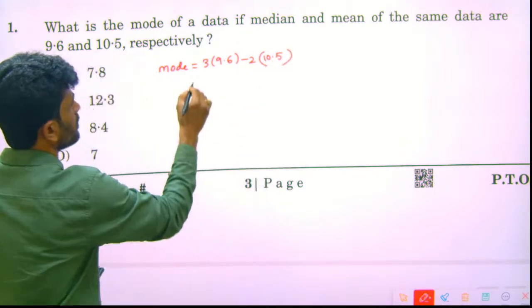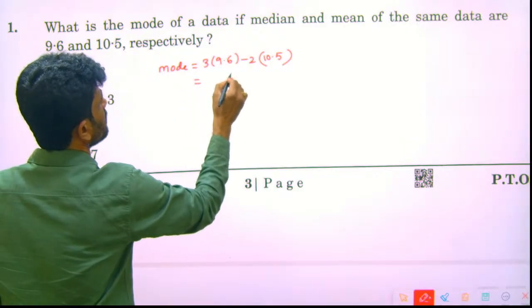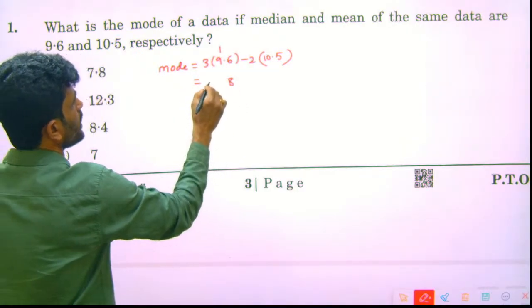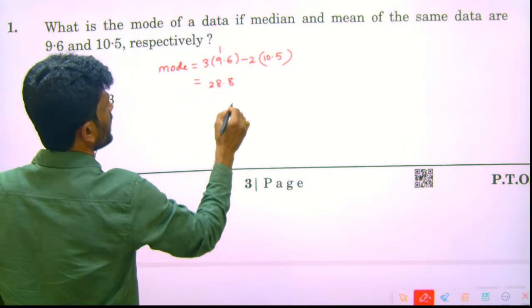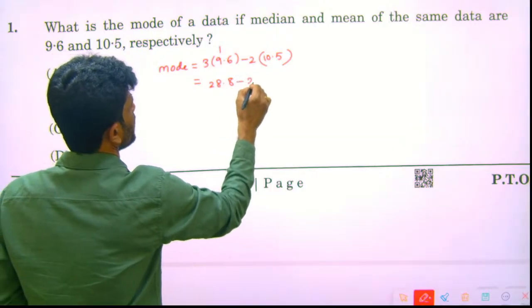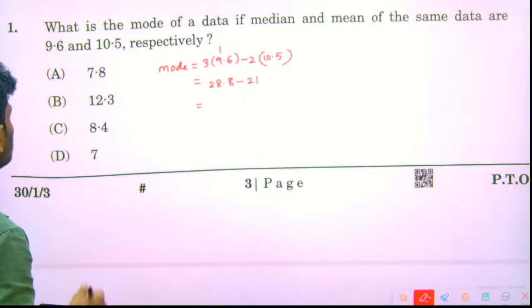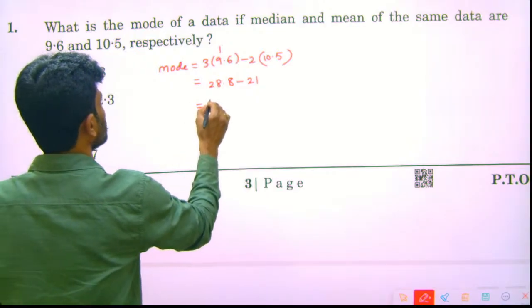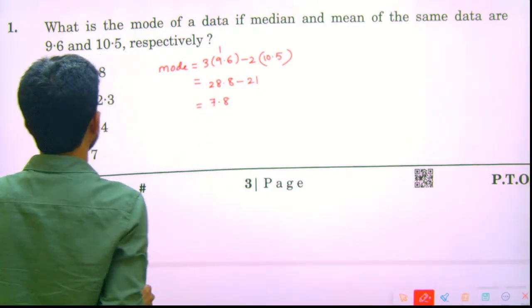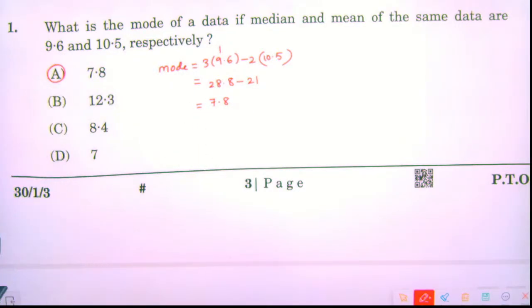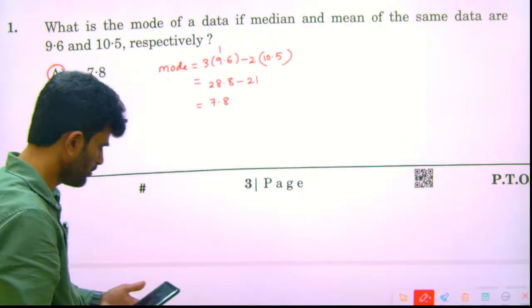So 3 6s are 18, 3 9s are 27, plus 1 is 28.8, minus 21. So 28.8 minus 21 is 7.8. 7.8 is option A. Question number 1, option A.